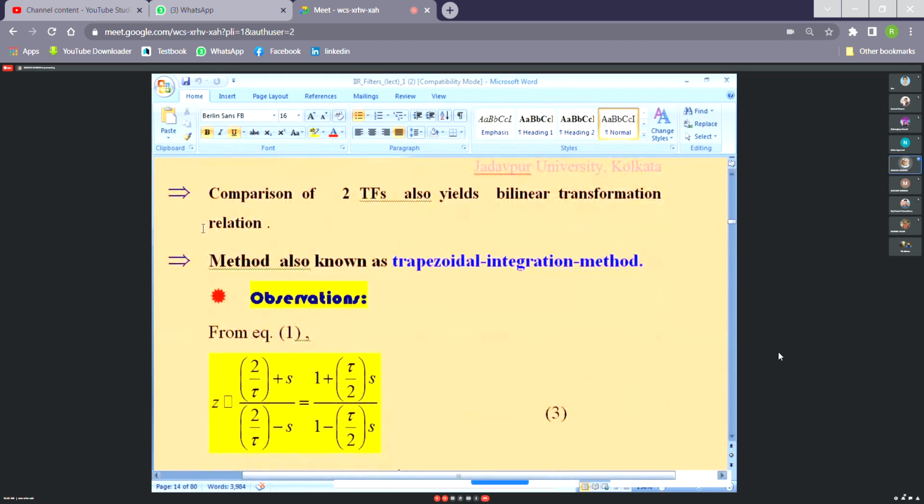Comparison of the two transfer functions also yields this bilinear transformation relation. That's why the method is also known as trapezoidal integration method.